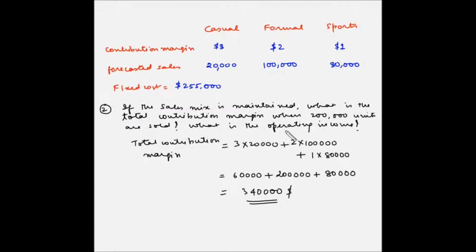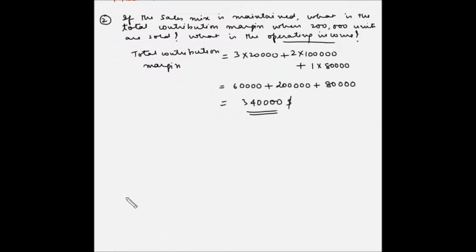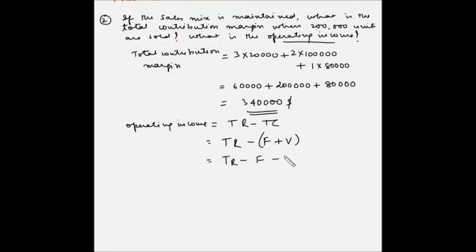Now the next part is to find out the operating income. So we know that operating income is equal to the total revenue minus the total cost. So this can also be written as total revenue minus the fixed cost plus the variable cost, because total cost is the addition of fixed cost and variable cost. So this is equal to total revenue minus fixed cost minus the variable cost. So opening the bracket here, plus minus becomes minus.